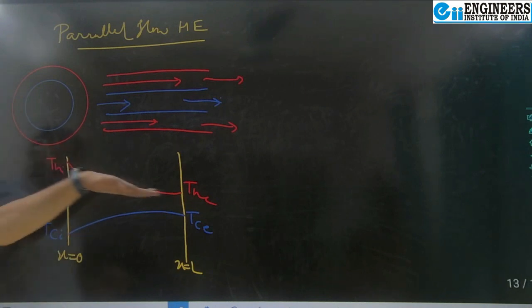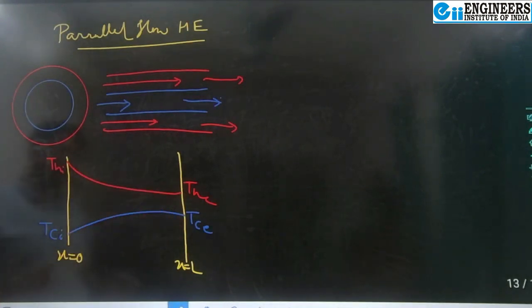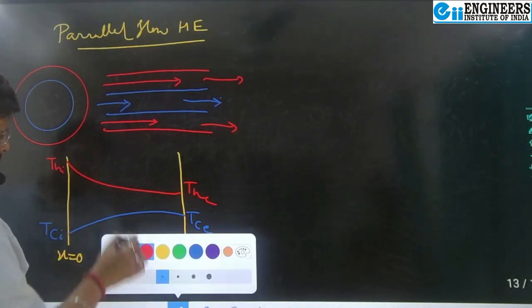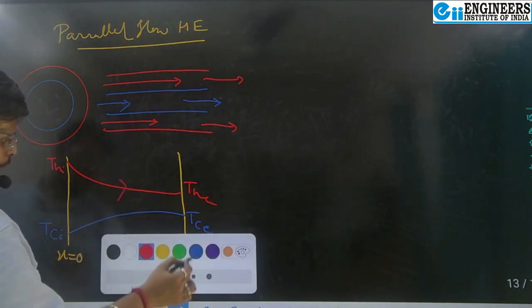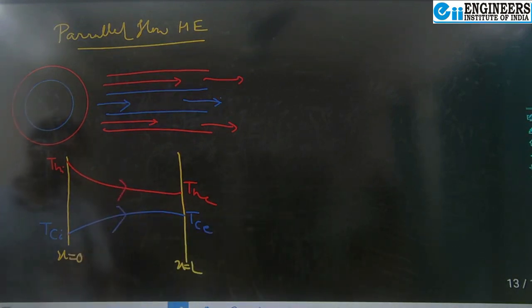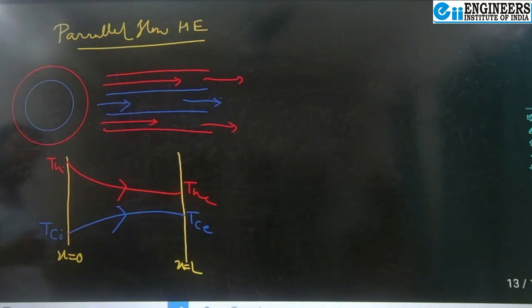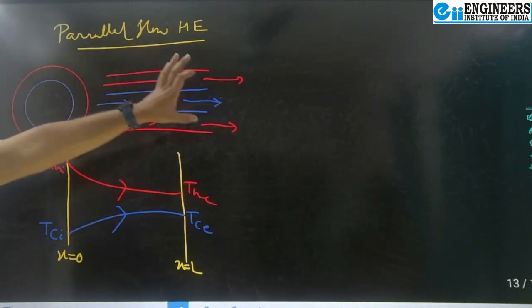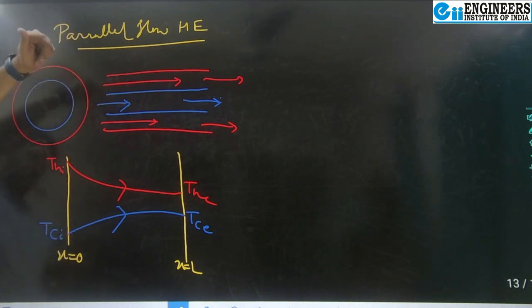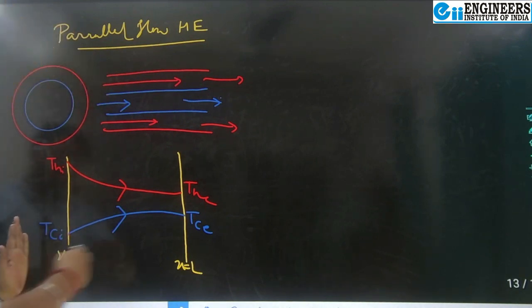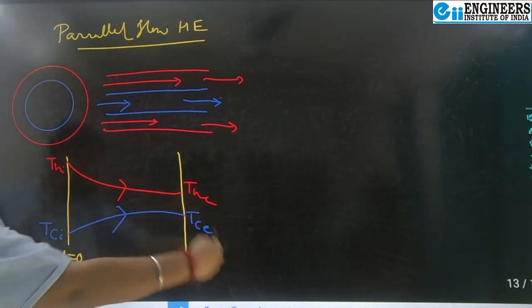So hot fluid is flowing in this way and cold fluid is flowing in this way. So this is what we come to know from the heat exchanger analysis. This is what a parallel flow heat exchanger shows in a concentric way, in a cross-sectional view, and in a temperature profile. So here it is a length 0 to L.